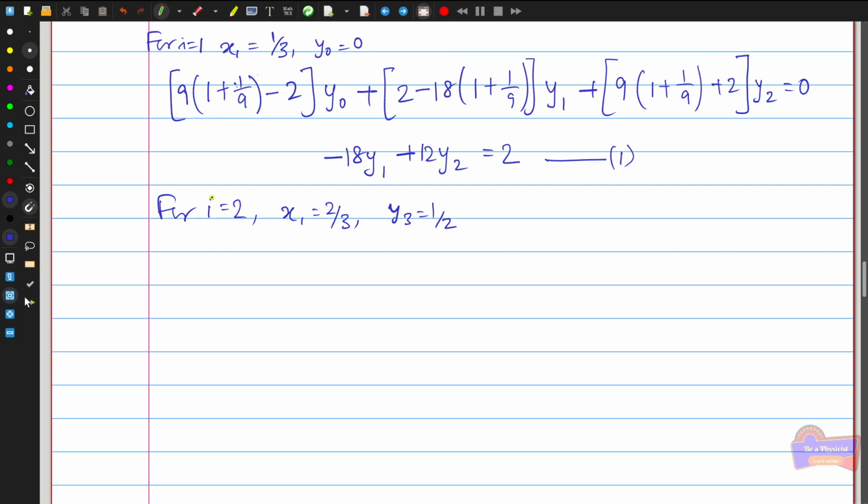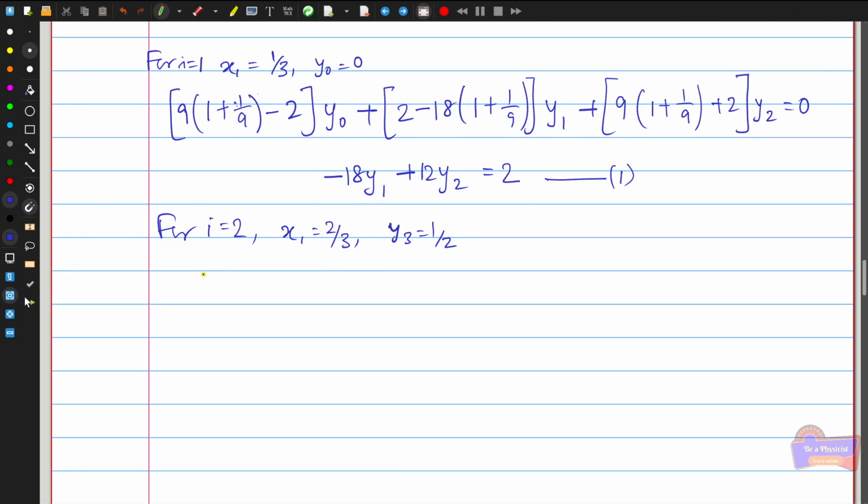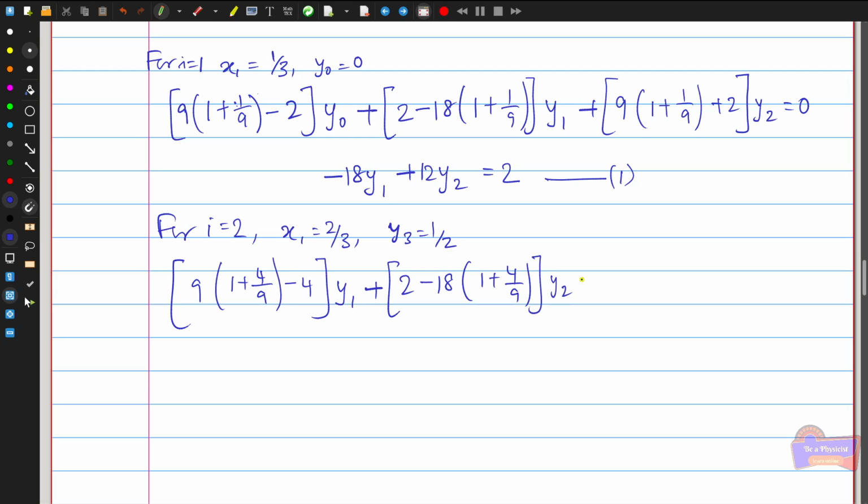So I can substitute i equal to 2 into this equation and get 9 into (1 plus 4 divided by 9) minus 4 times y1, plus 2 minus 18 times (1 plus 4 divided by 9) into y2, plus 9 times (1 plus 4 divided by 9) plus 4 y3, which is equal to 2.